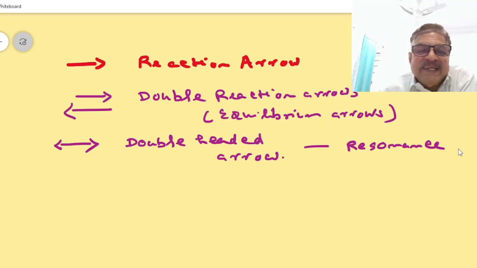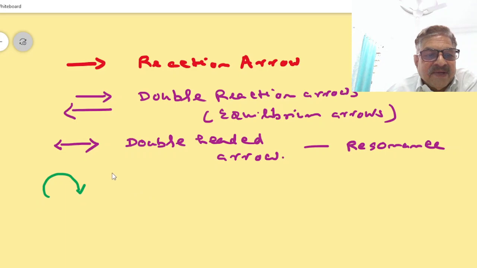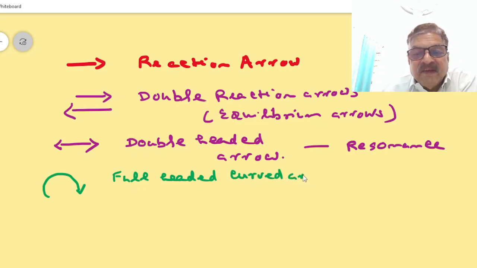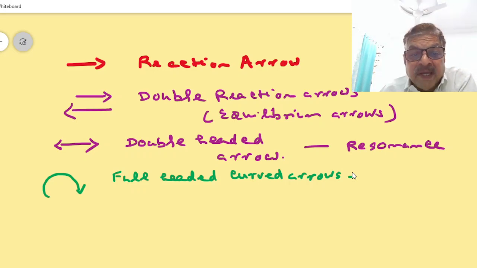Then we will come to certain curved arrows. One is a full-headed curved arrow like this. This is used for electron displacement. It shows the movement of an electron pair.